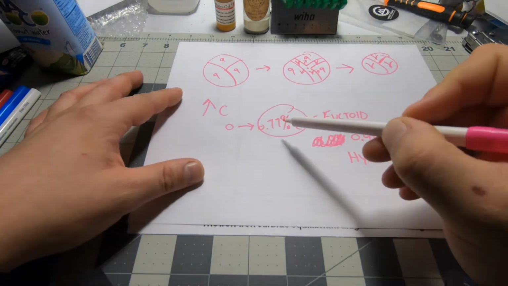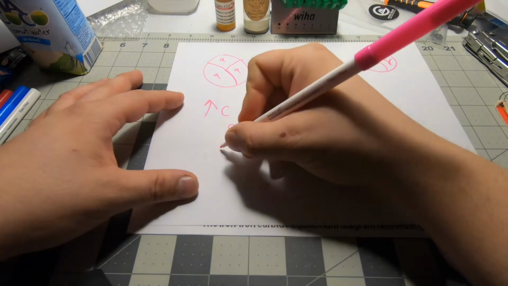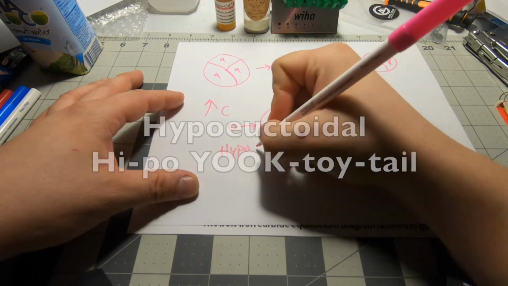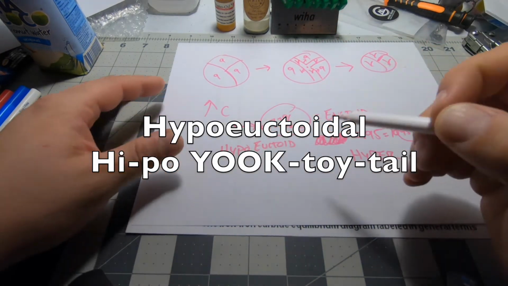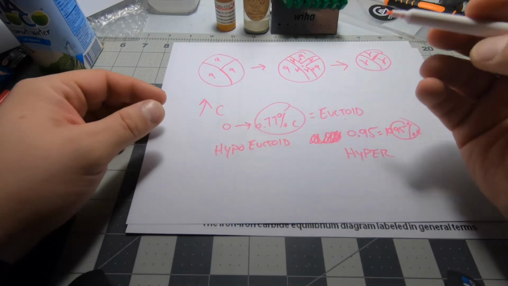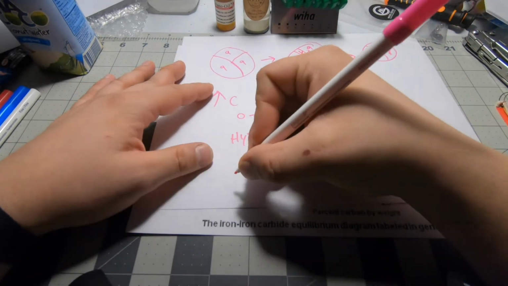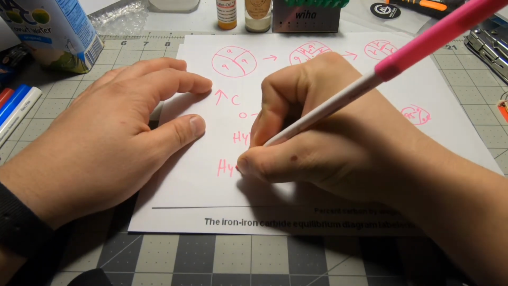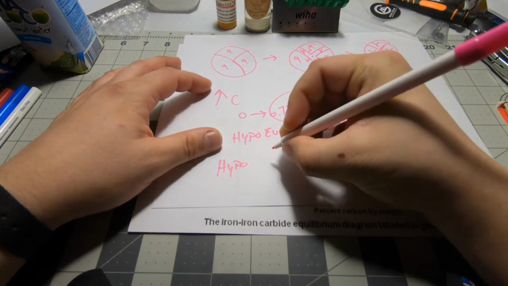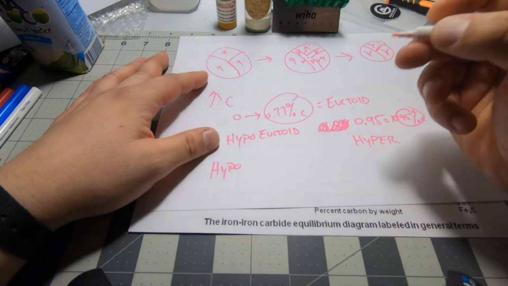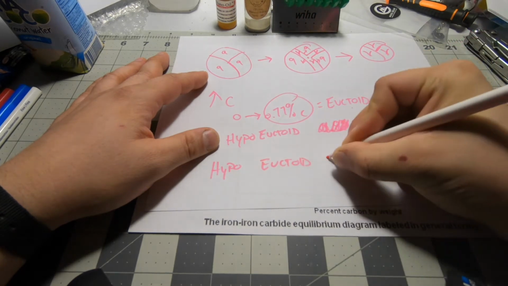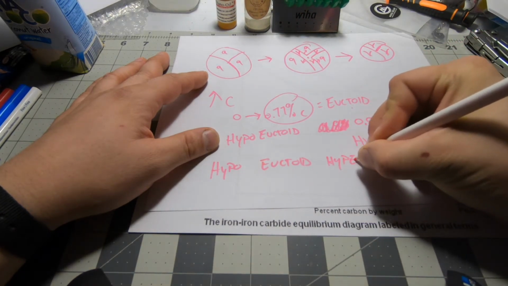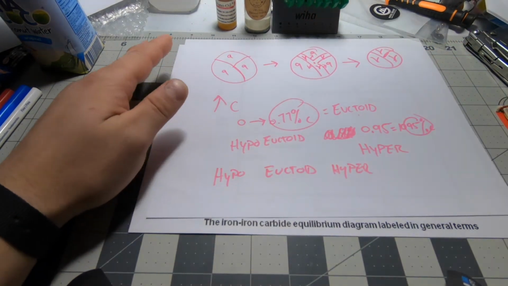And then anything below 0.77 is a hypoeutectoid steel. Okay, now that we got hypo, and then we just have regular eutectoid, and then we have hyper. Okay.